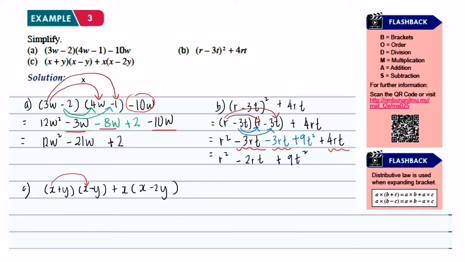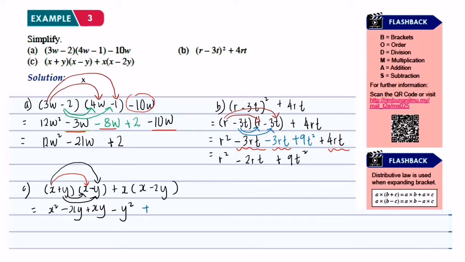So s times s equals s squared. s times negative y, minus sy. y times s is positive, right? So positive sy. y times negative y, positive times negative equals negative. So negative y squared.